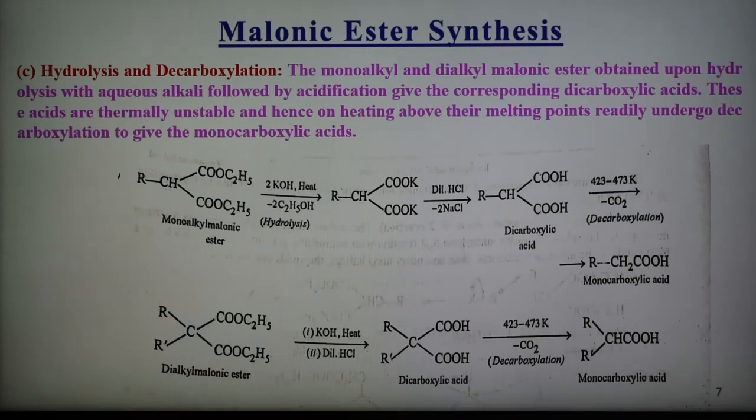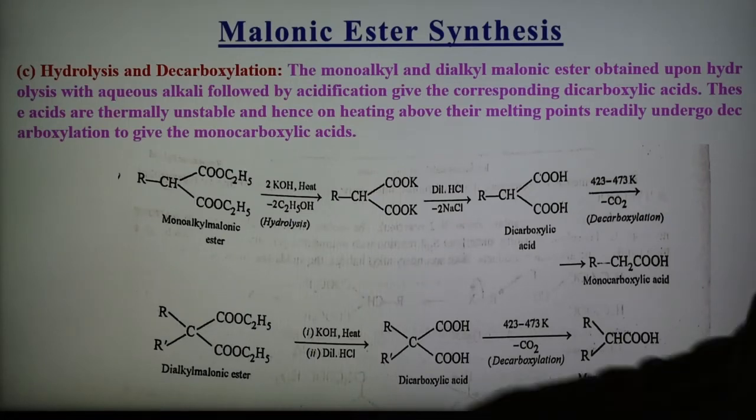The third step is hydrolysis and decarboxylation. The monoalkyl malonic ester, upon hydrolysis with aqueous alkali followed by acidification, gives the corresponding dicarboxylic acid. These acids are thermally unstable, and on heating above their melting point they readily undergo decarboxylation to form the monocarboxylic acid. This is the reaction.